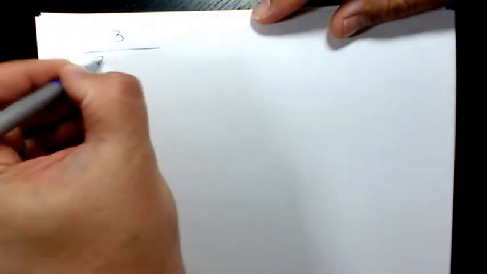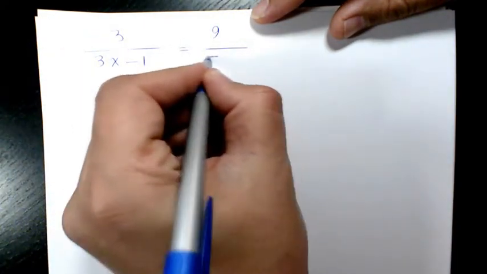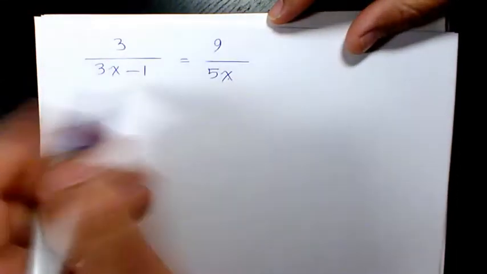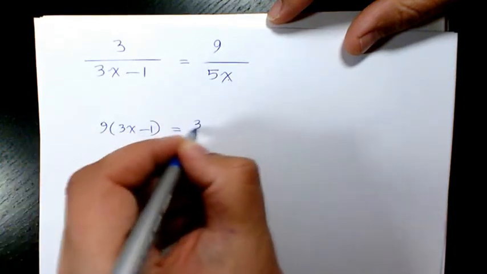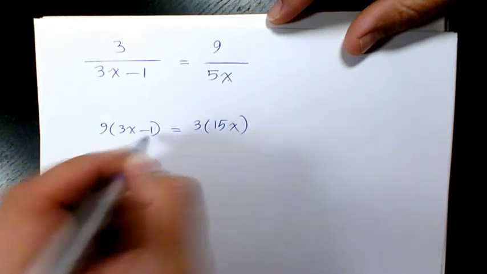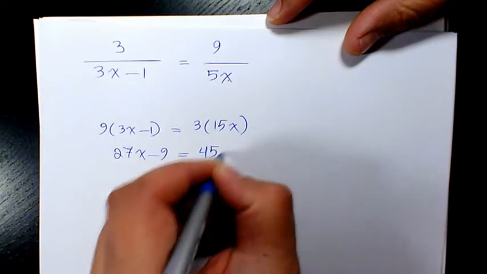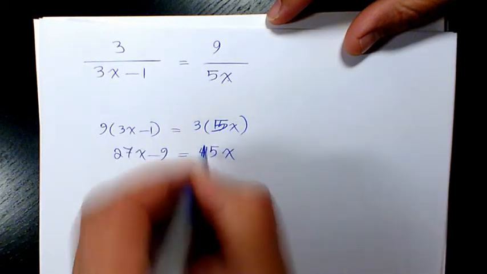Next one is 3 over 3x minus 1 equals 9 over 5x. Let's do cross multiplication. So we have 9 times 3x minus 1 equals 3 times 5x. That's going to be 27x minus 9 equals 15x.